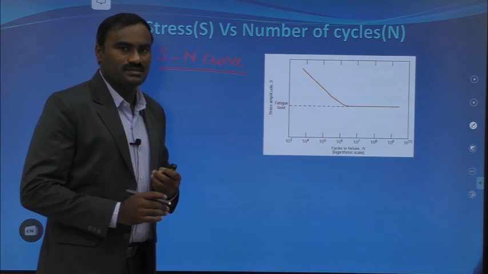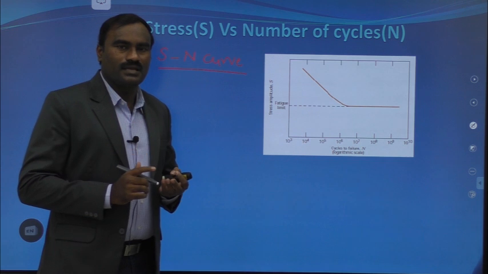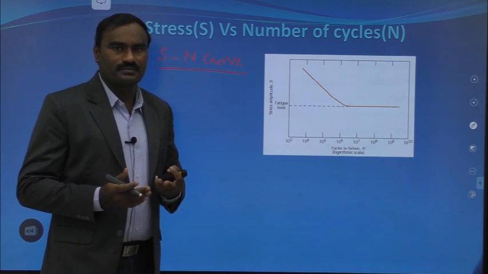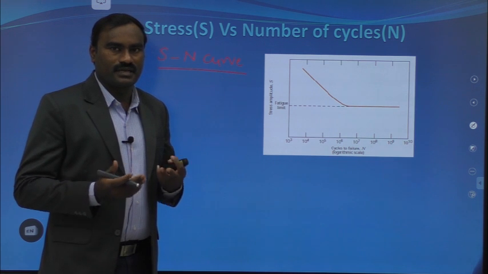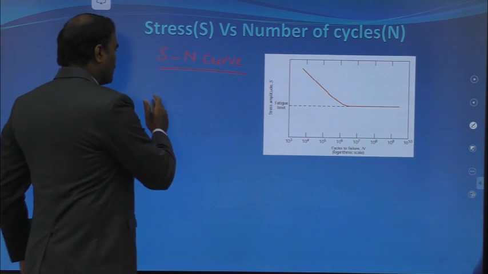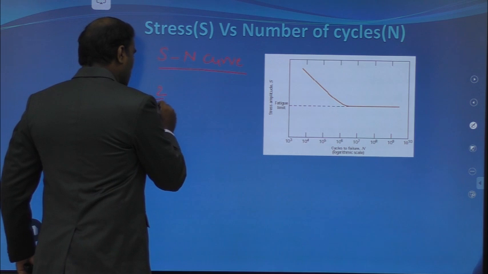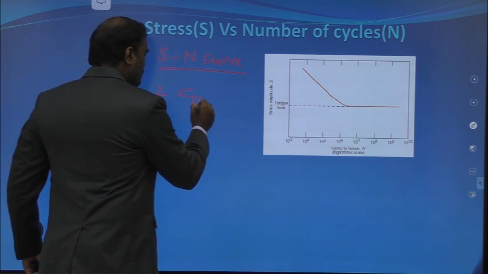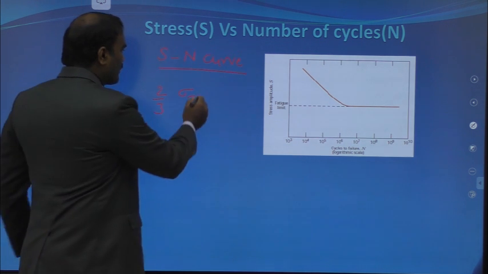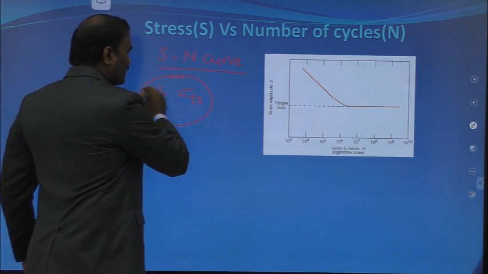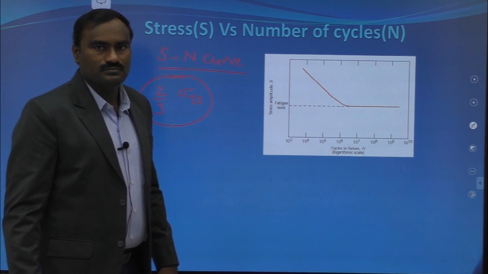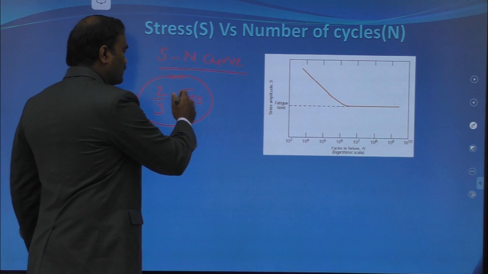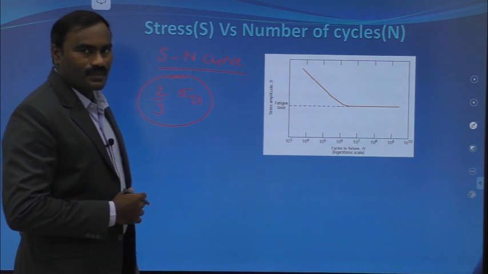To find the fatigue failure of a material, a stress value equal to 2/3 of its tensile strength is applied on the material many times.